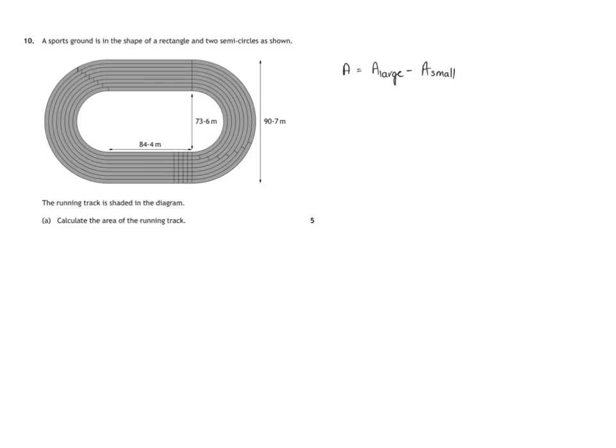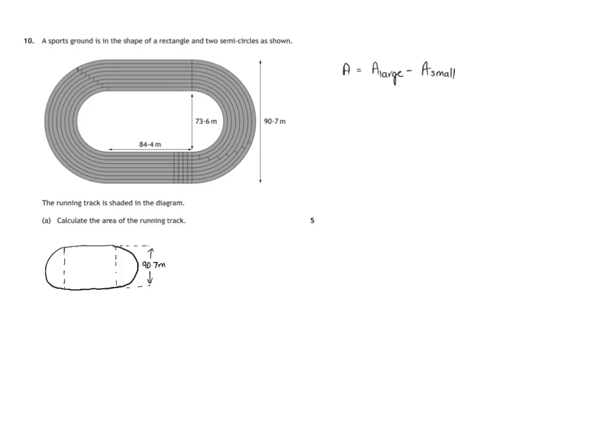So just the big one, I'm going to draw this separately on its own, roughly anyway. We have a rectangle in the middle and 2 semicircles on the end. We know that the whole thing is 90.7 meters.